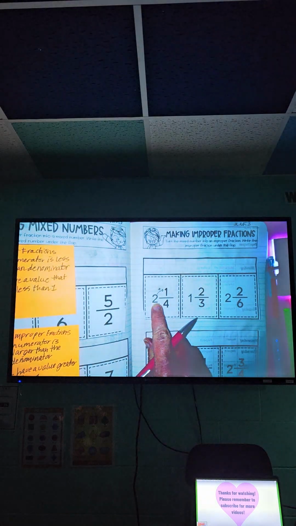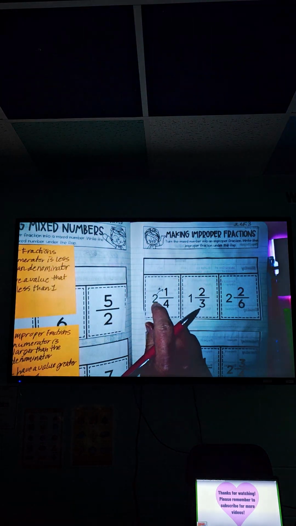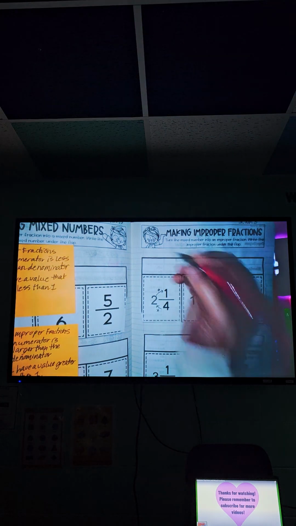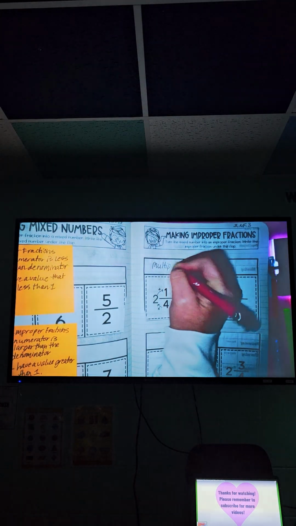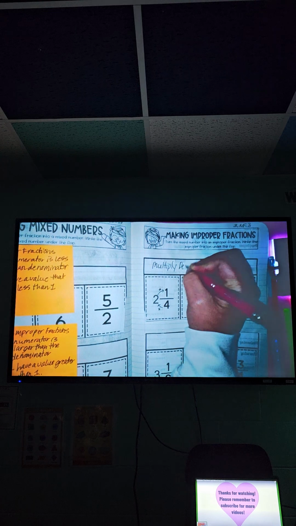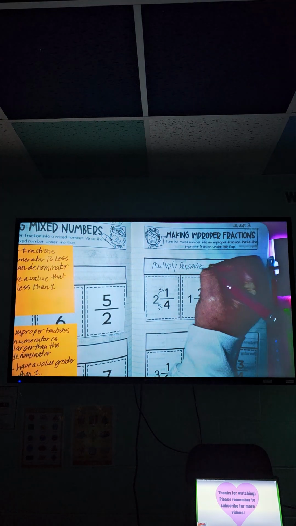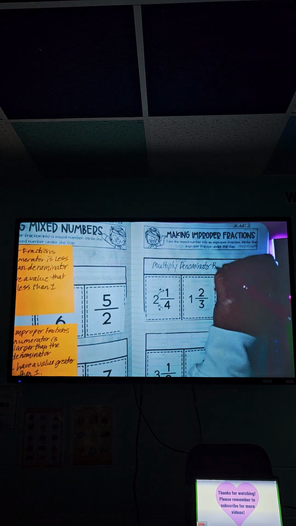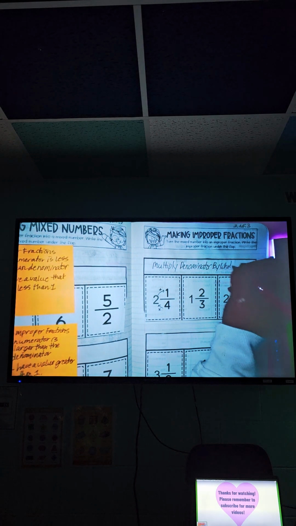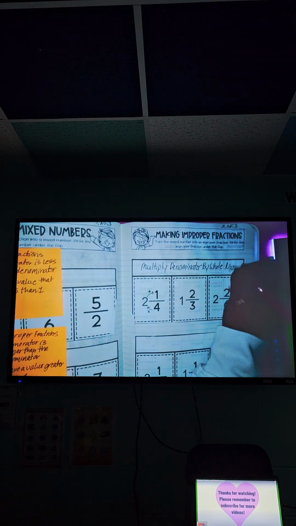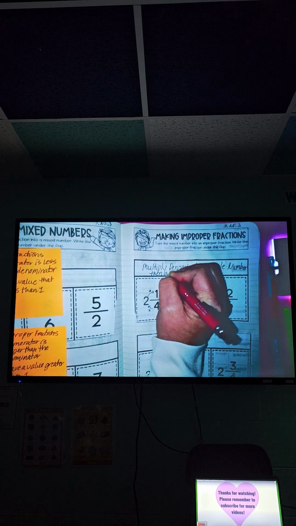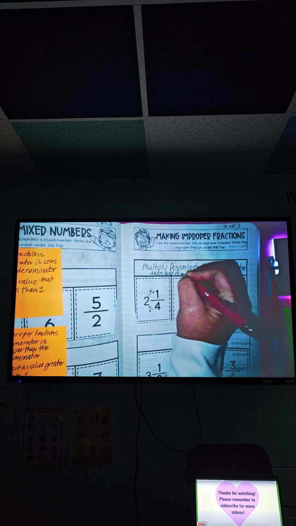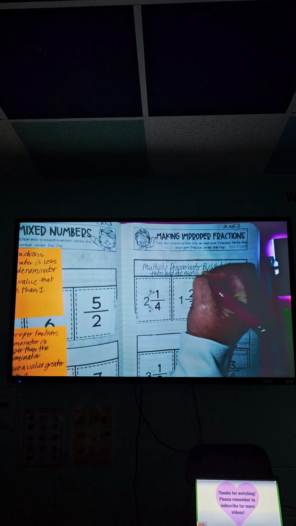So multiply the denominator by the whole number, add the numerator. So here's the steps. Multiply denominator by whole number, then add the numerator.